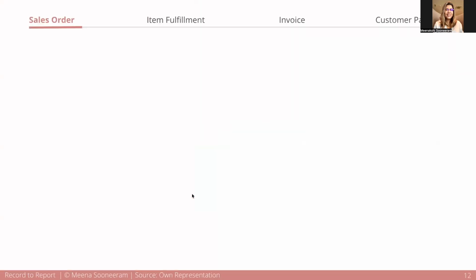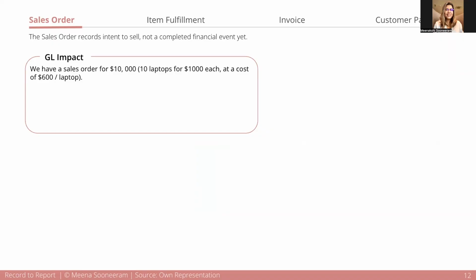We'll use a similar example. Our O2C starts with our sales order. Let's say the customer places an order of 10 laptops at $1,000 each, with still the cost of $600 per laptop. Just like the PO we saw earlier, the sales order represents something that is expected to happen.